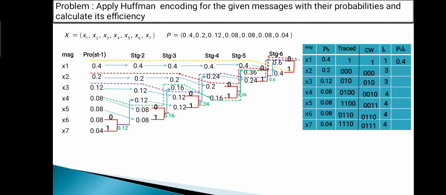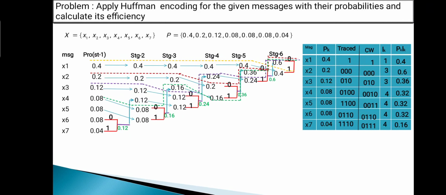So 3 into 0.2 will be 0.6. So similarly, 3 into 0.12 is 0.36. 4 into 0.08 is 0.32. Again we have 0.32, 0.32. Finally 0.04 into 4 will be 0.16.